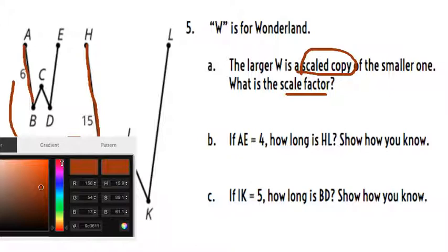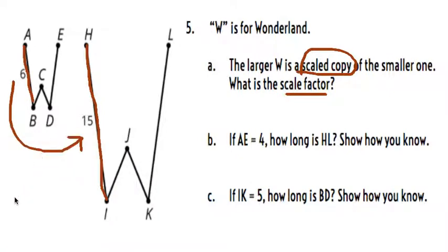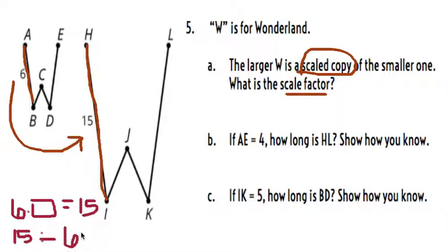I could look at this as 6 times what is going to get me 15, which then could lead me to the relationship 15 divided by 6, if we think fact families, is going to tell me what that is.